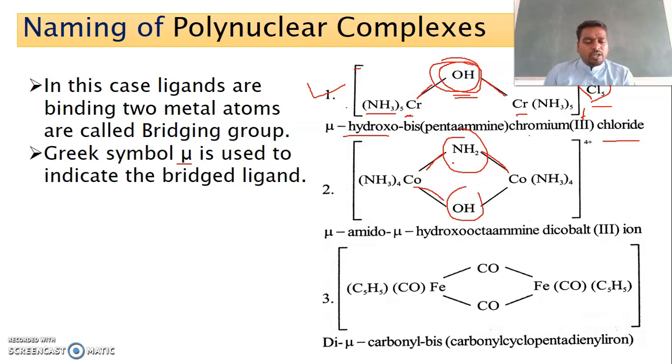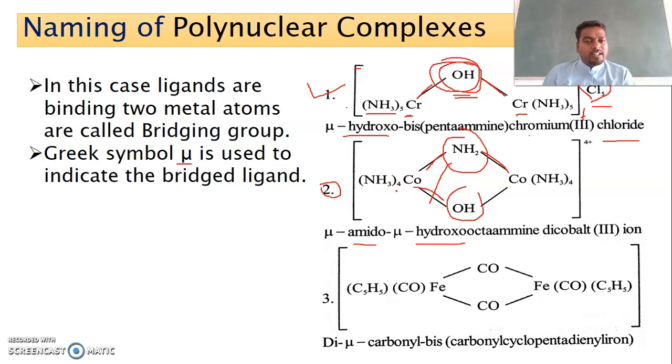Take another example. In the second one, there are two bridged ligands present. One is amido and the other is hydroxo. Amido comes first, then hydroxo comes next. That's why mu amido, mu hydroxo.